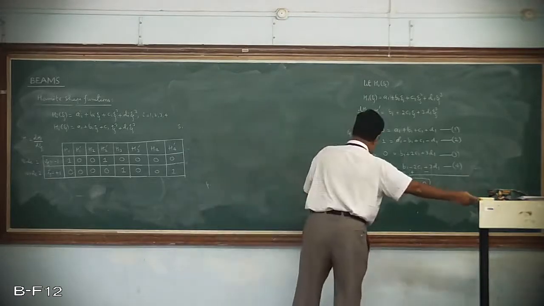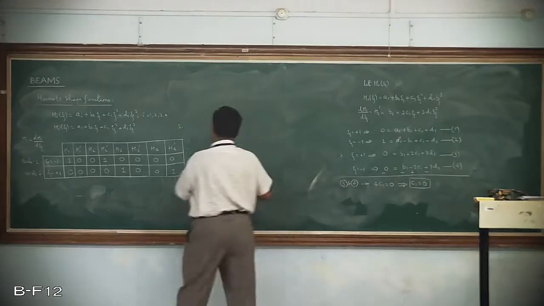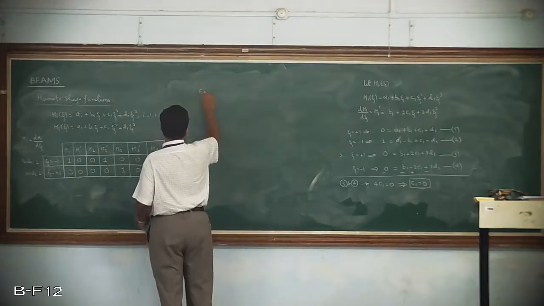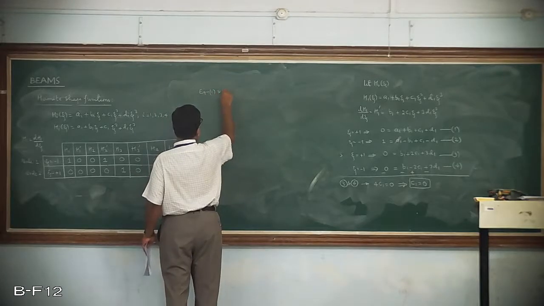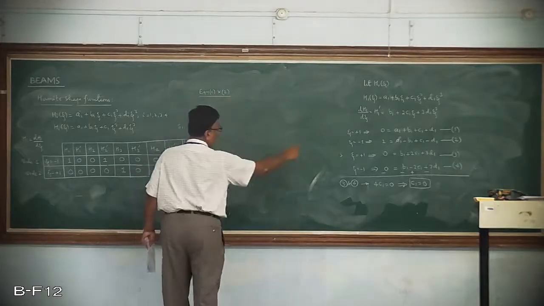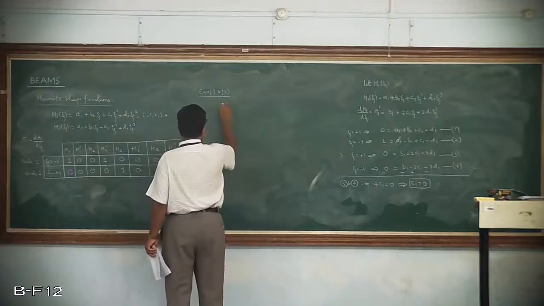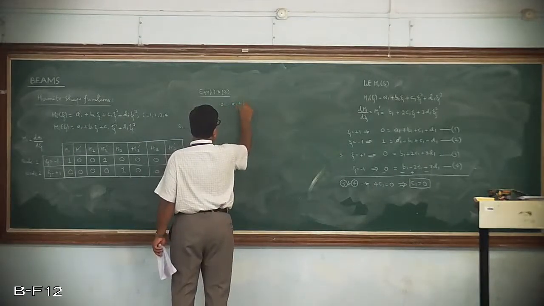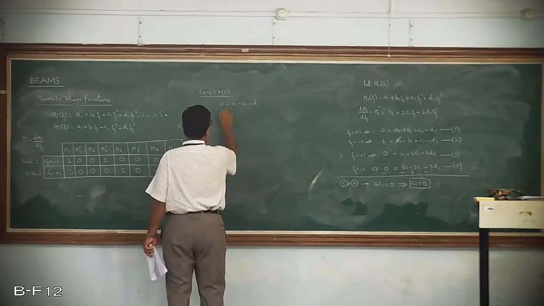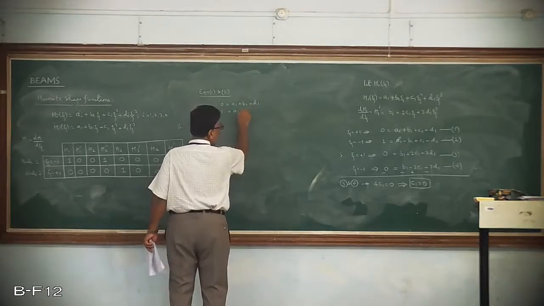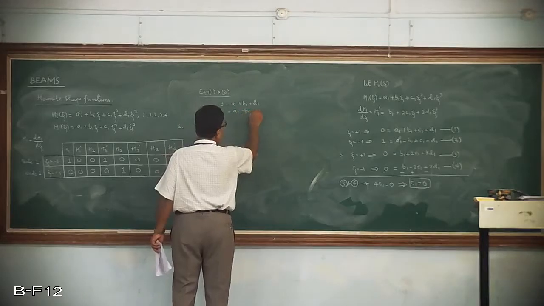So by chance, if I take equations 1 and 2, what will happen, tell me? Look at that. 0 equal to A1 plus B1. C1 has already gone, it is 0, so I will write this. 1 equal to A1 minus B1 minus D1.